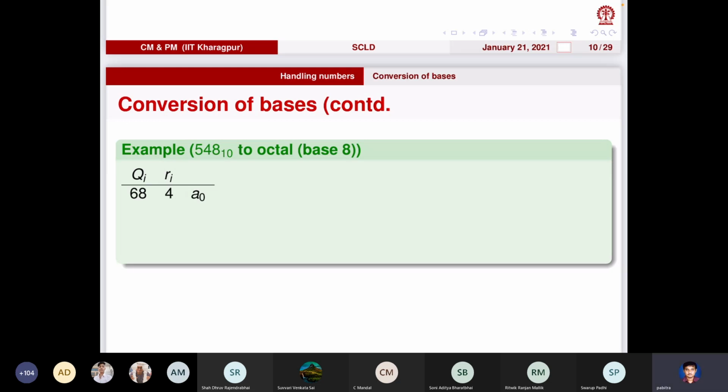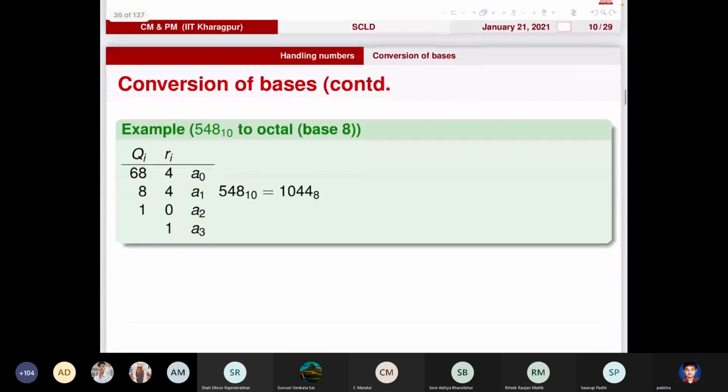So our first least significant digit in octal would be 4, that is A naught. Now again divide 68 by 8, that is, divide Q naught by 8 to get Q1 and the next remainder. If you divide 68 by 8, you get a remainder of 4 and a quotient of 8.